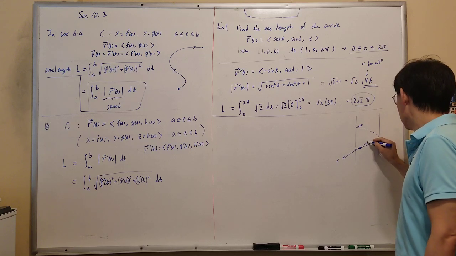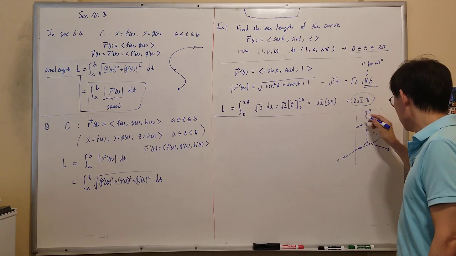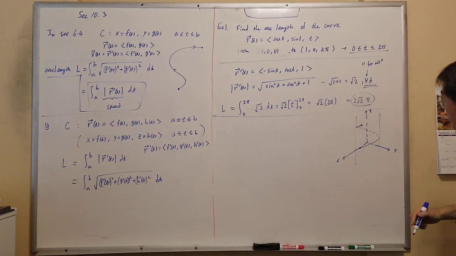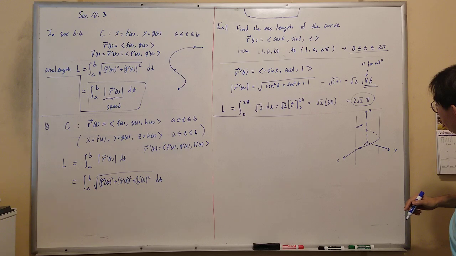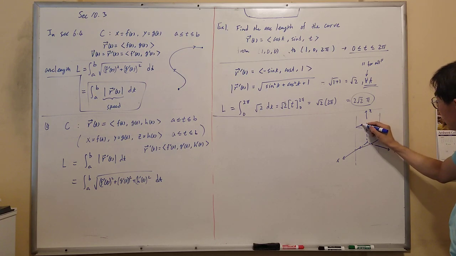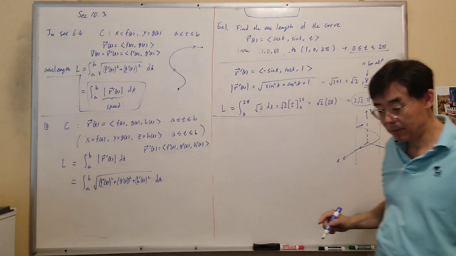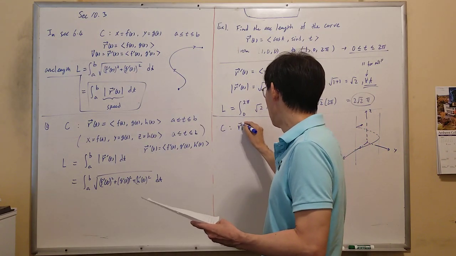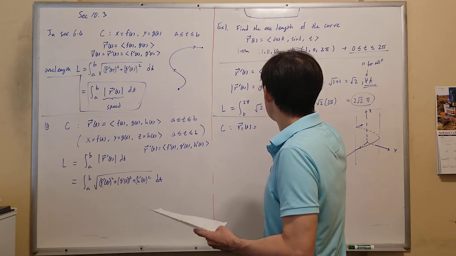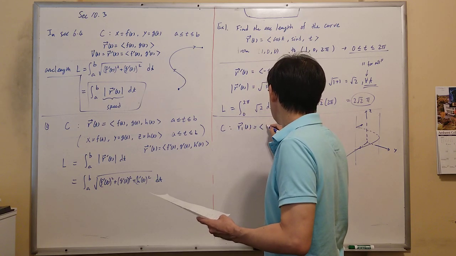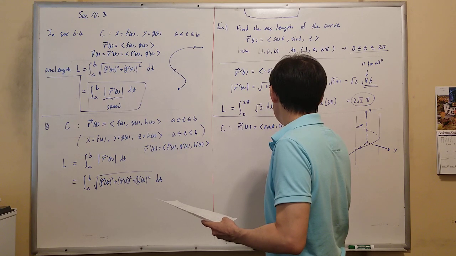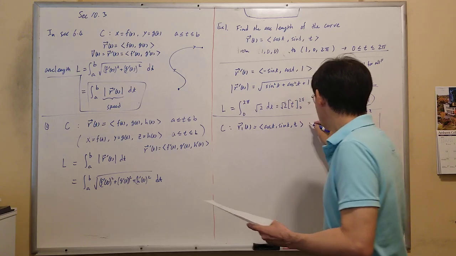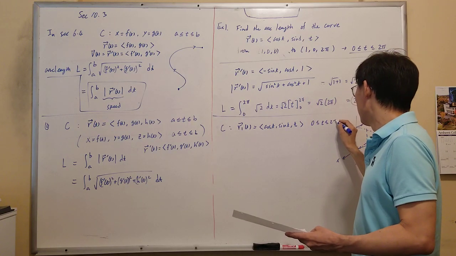X and Y and Z. This is a circular cylinder. This helix is winding around, starting from here to here. For the exact same curve, the first one, I'm going to call it R1 of t, the parameterization we just did, t from 0 to 2 pi.